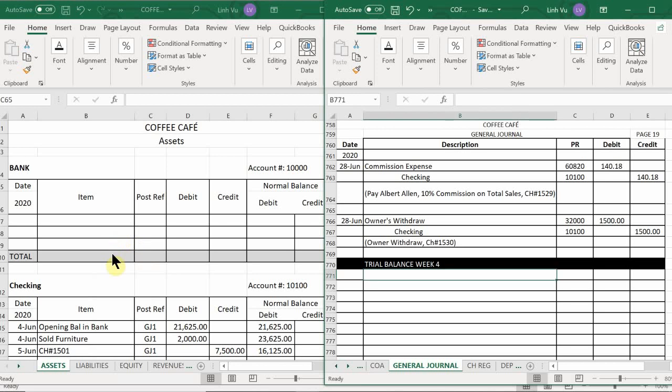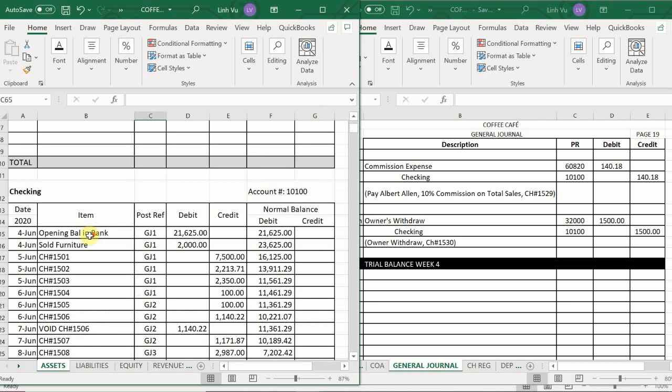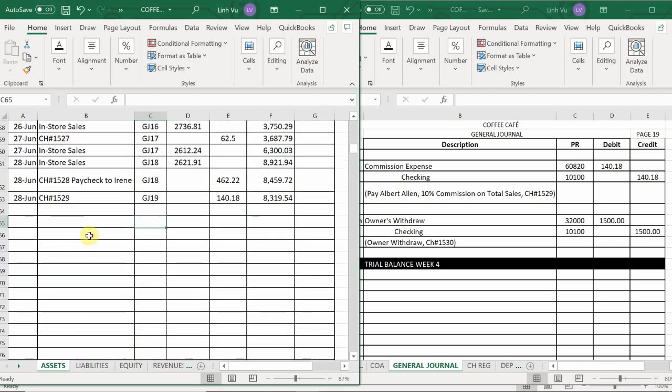So now it says here, since we're already here in assets, I'm just going to go straight to checking. Check number 1530. General journal 19, right?